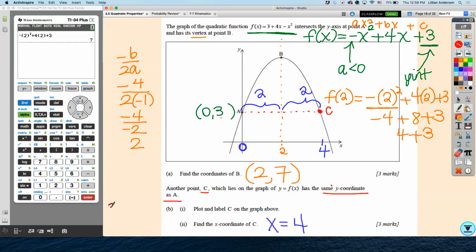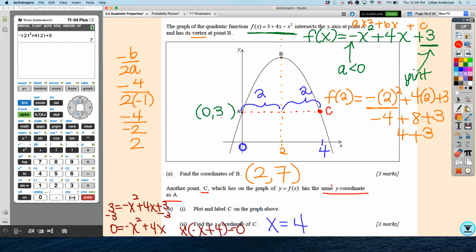Yes. So I could have done it algebraically by plugging in 3 for y and setting it equal to the quadratic and solving. To solve this, I would have subtracted over the 3 to make sure it was equal to 0. And then I could have factored using GCF this negative x squared plus 4. If I take out x, I'll get negative x plus 4 equals 0.